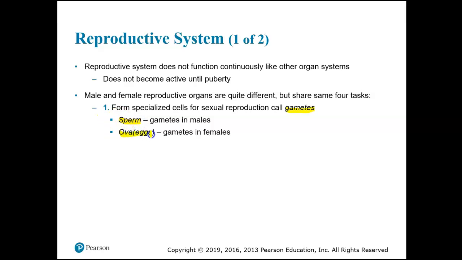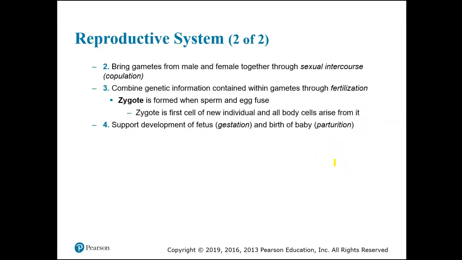So one of the tasks of the reproductive system is forming specialized cells called gametes. The second is bringing gametes from the male and female together through sexual intercourse or copulation.